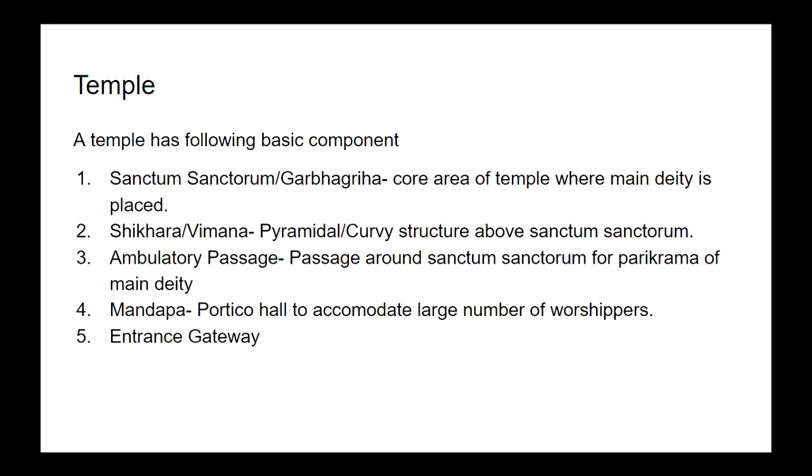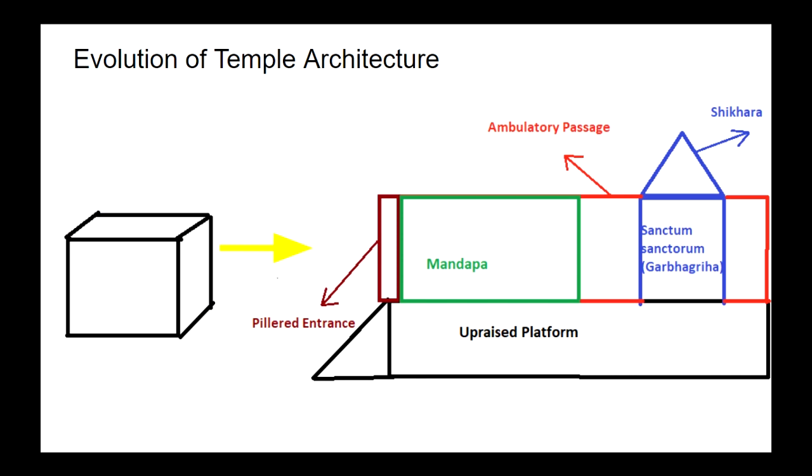Evolution of temple architecture. So in the starting we have a very basic temple, and over time it evolved into a well designed temple architecture. On the left side you can see a basic temple, and on the right side you can see a well designed temple architecture. So how this evolution happened we will see, in the way mobile developed into different stages: 1G, 2G, 3G, 4G.